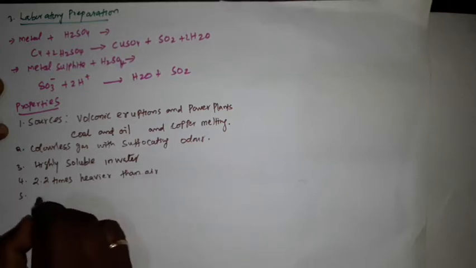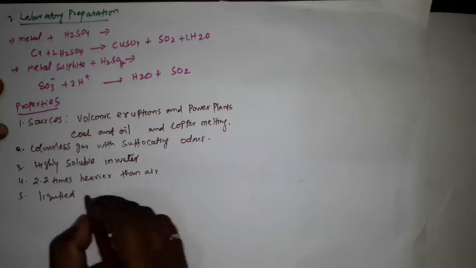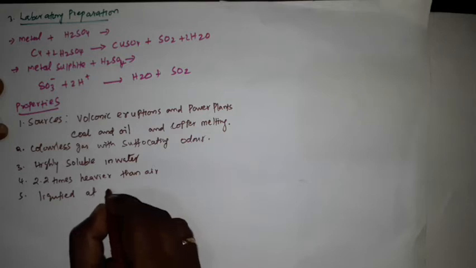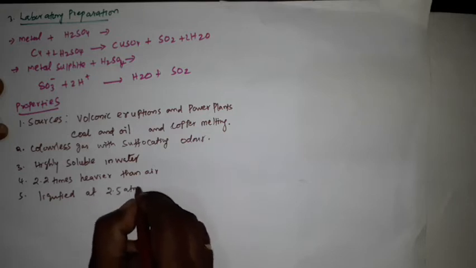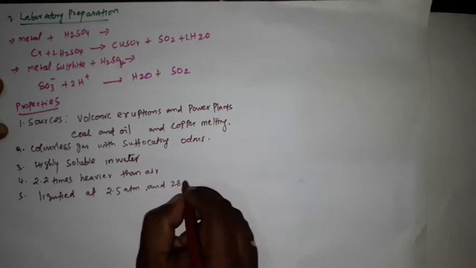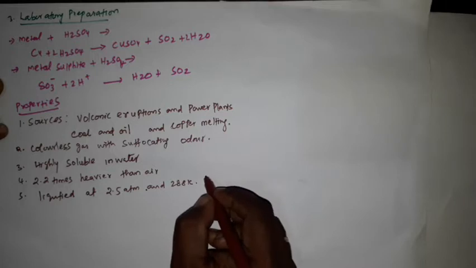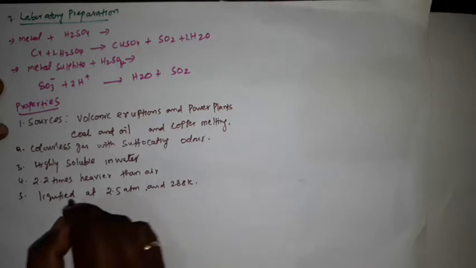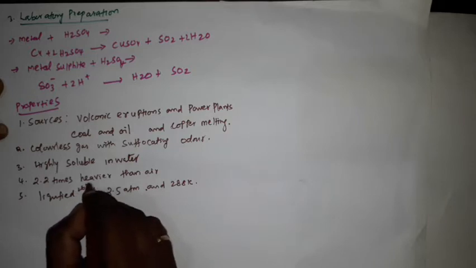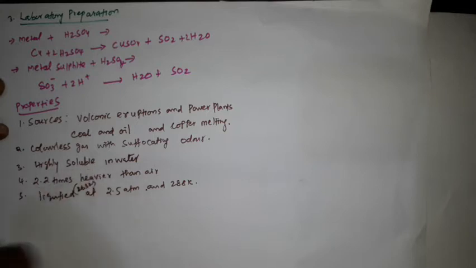It can be liquefied at 2.5 atm atmospheric pressure and temperature is 288 Kelvin. Okay. So the boiling point of this sulfur dioxide in the liquid form, that is 263 Kelvin. Okay. So that's all about physical properties of sulfur dioxide.